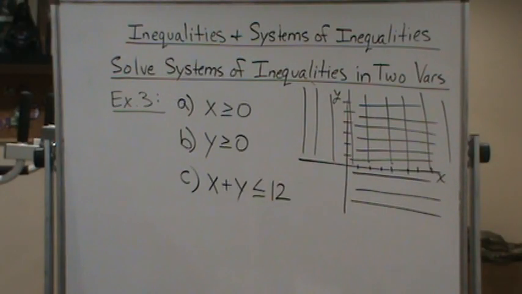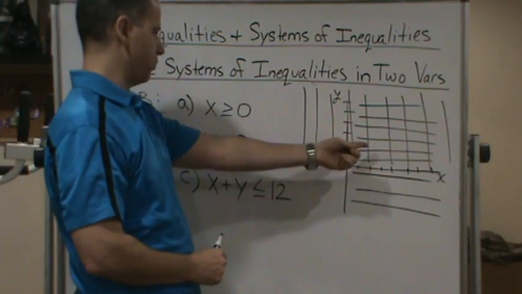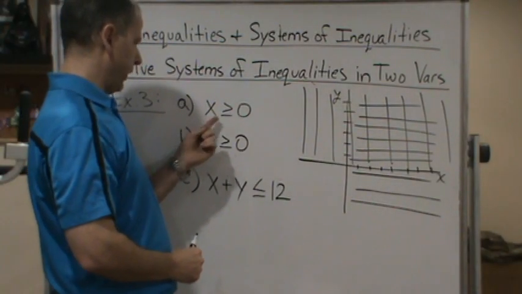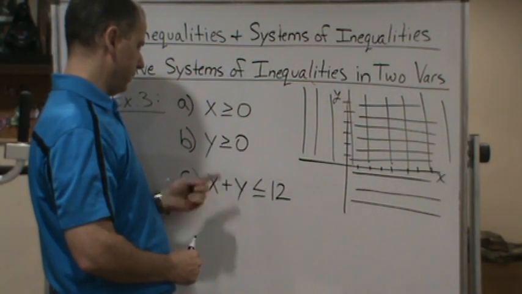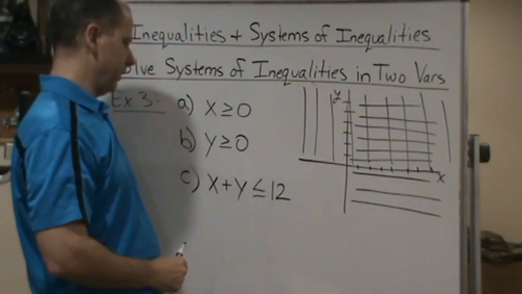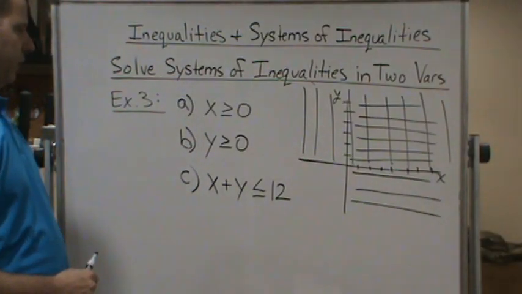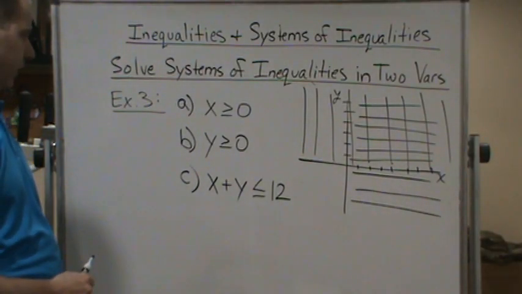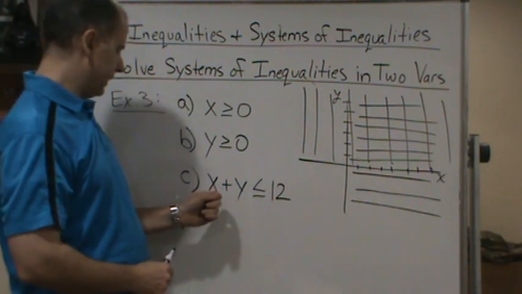Okay? And again, you could use test points. Use 1, 1. So if you stick 1 in here, 1 is definitely greater than or equal to 0. So again, confirmation.